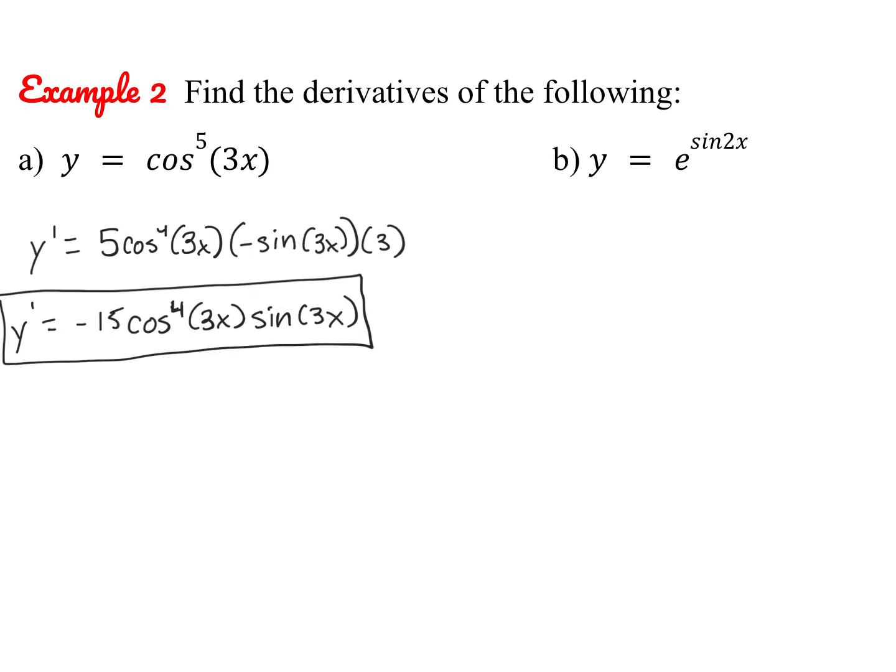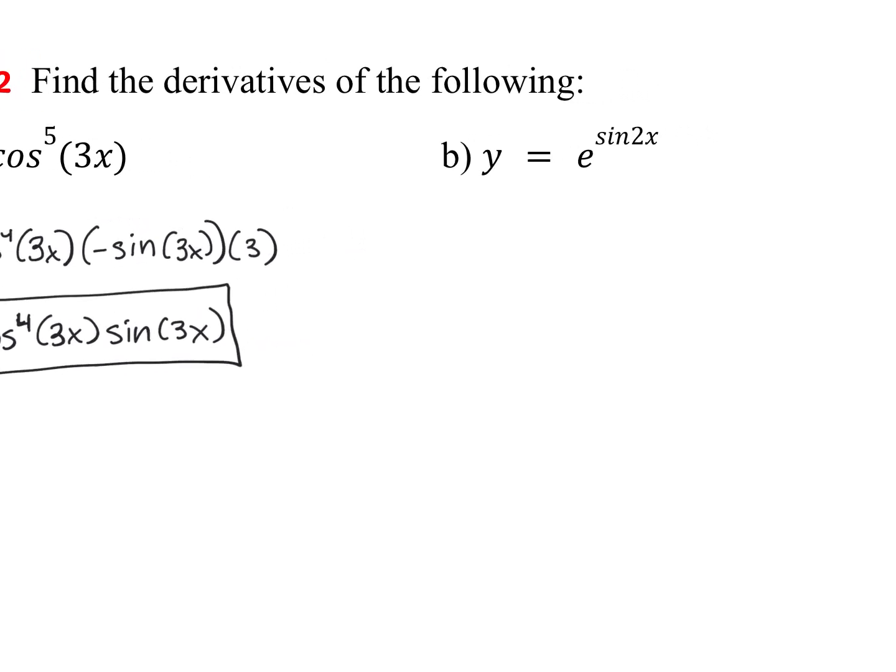Okay, let's take a look at part B. For this one, again, we have a composition of 3 functions. If you zoom out the most, you'll see that the e to the x would be our outermost function. We know that the derivative of e to the x is just e to the x. So here's our derivative, but notice that we're leaving the inner portion the same. And then we look at the inner portion.